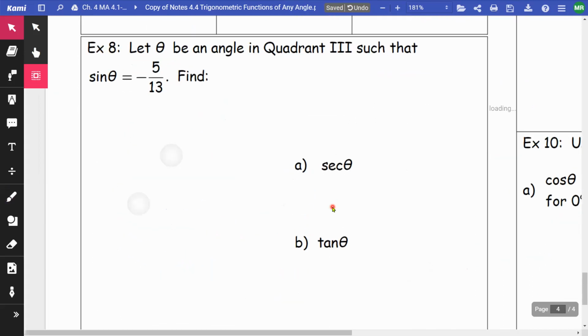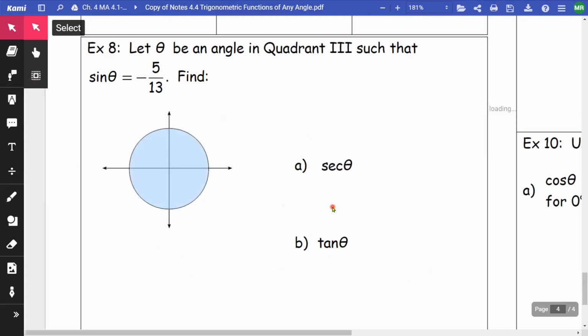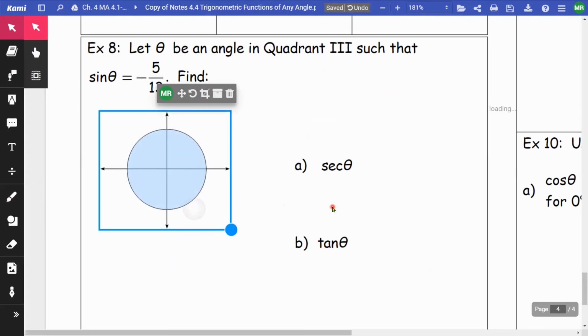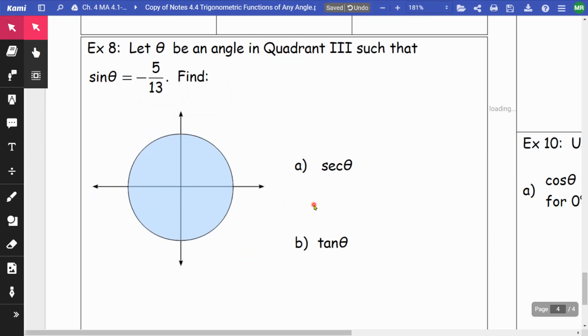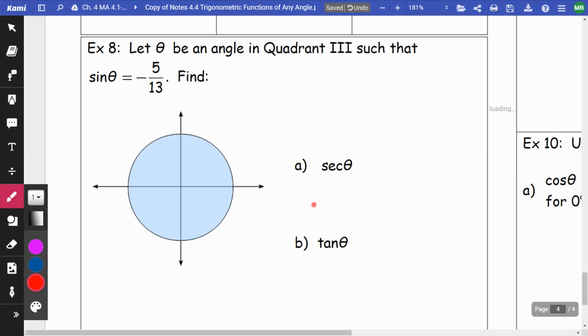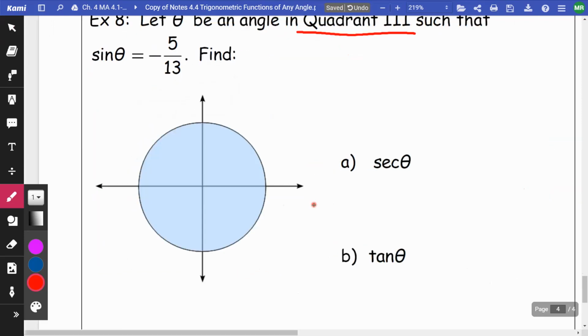They're telling us that sine is negative, and sine is negative in these two quadrants, okay? So I could have been in either of these spots, but they are telling us right here that we're in quadrant 3. So when I draw this, again, my angle theta is here.